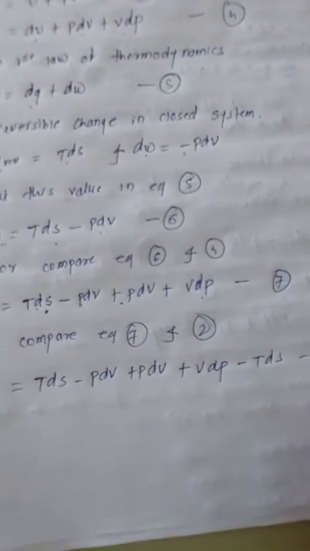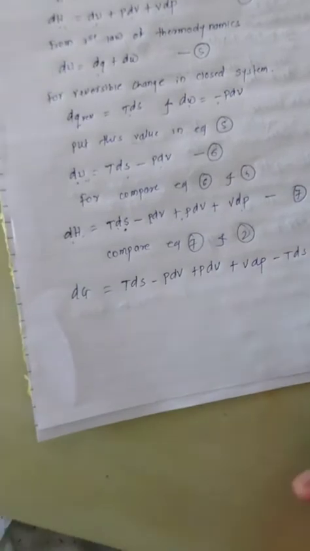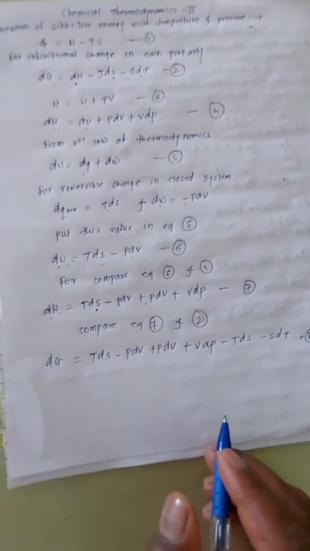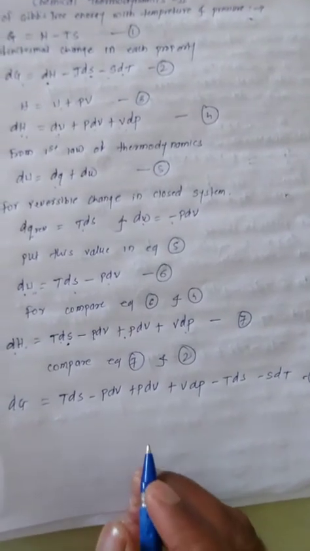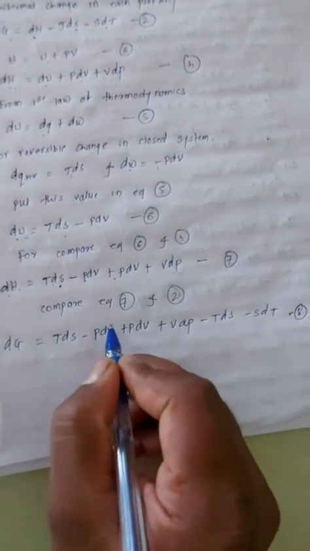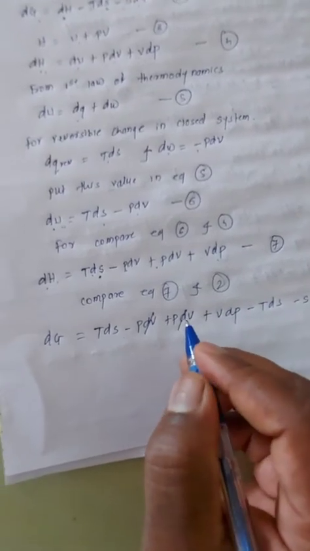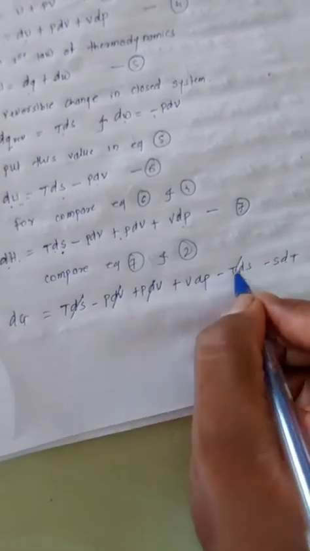This is equation number 8, and in that equation we cancel out the terms, that is minus PdV plus PdV and plus TdS minus TdS.